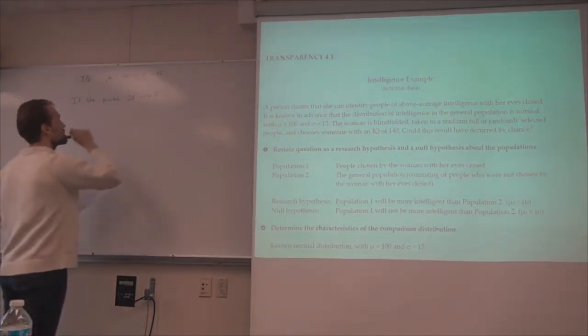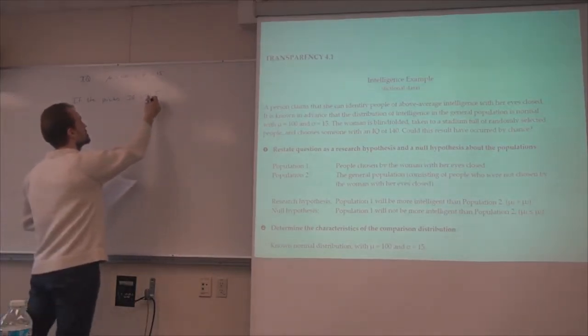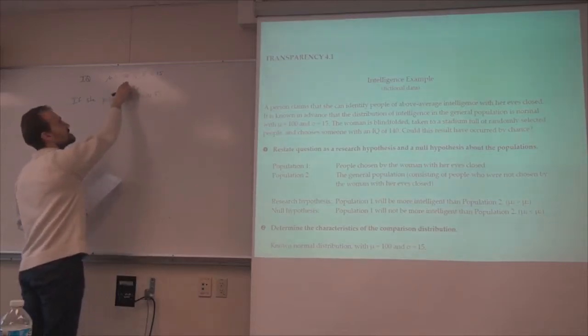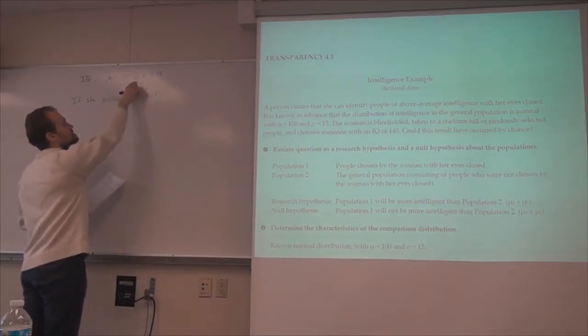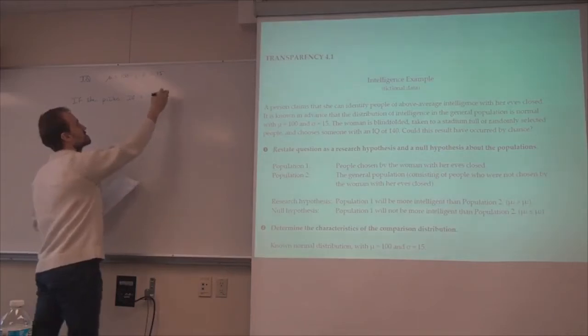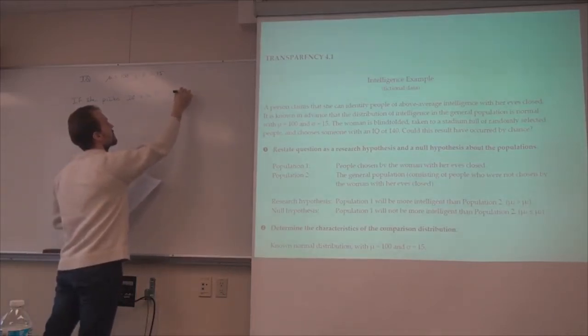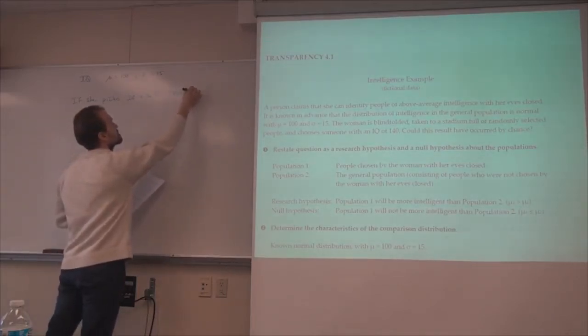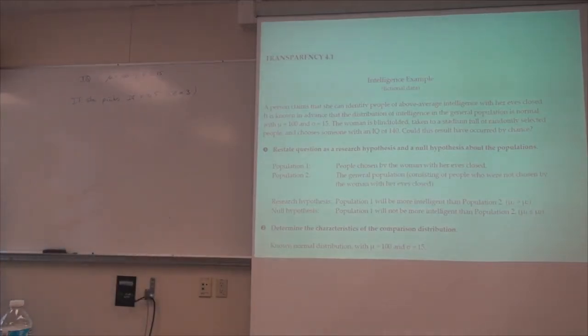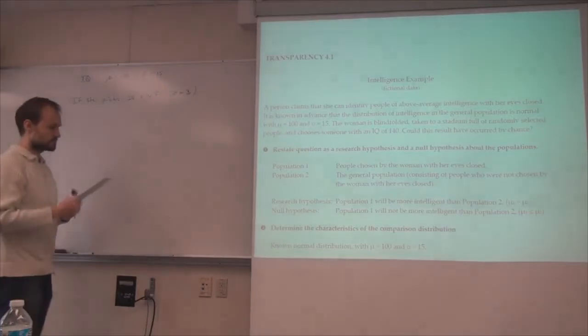Well, let's see, what is the corresponding z-score here? It's 100 plus 15 plus another 15 plus another 15. So this one is going to be a z-score of 3. It's 3 standard deviation steps away from 100.